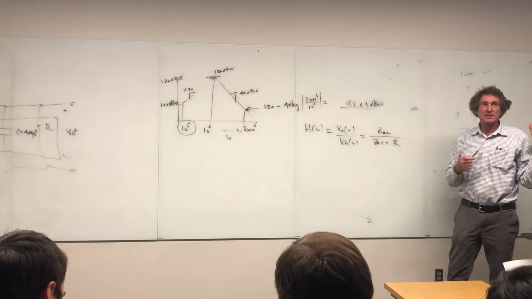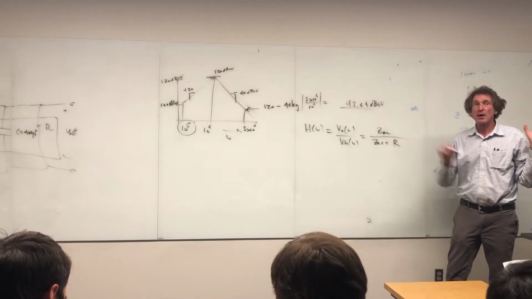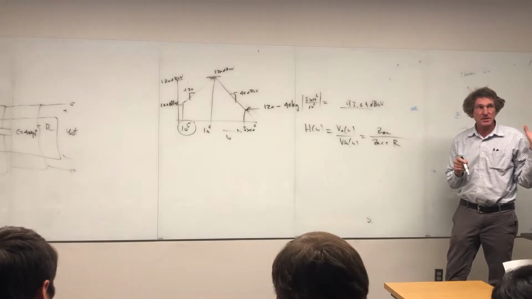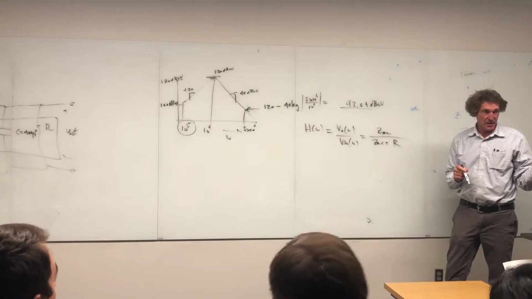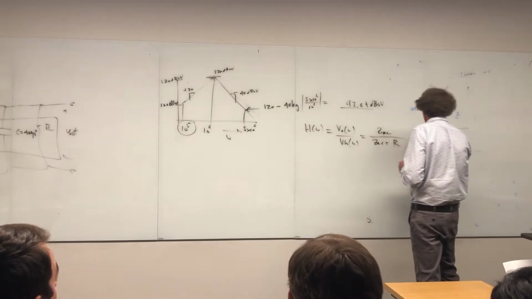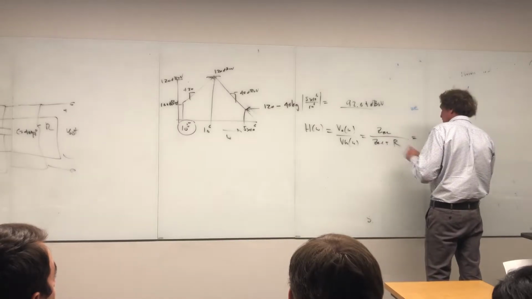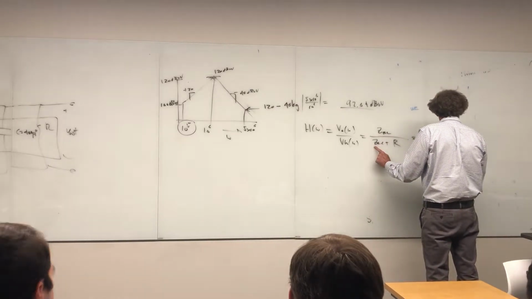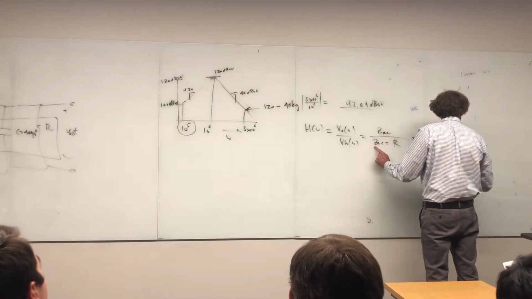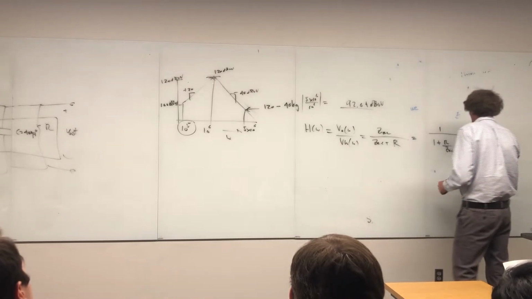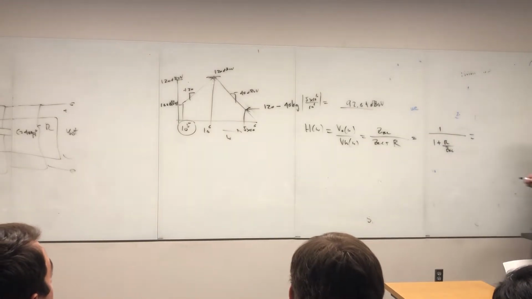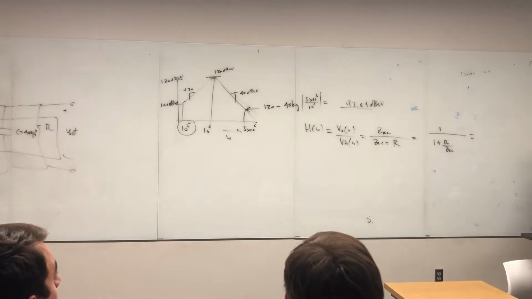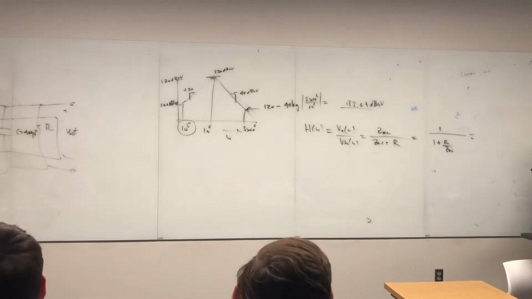Now the reason I did that is because I'm going to divide top and bottom by ZRC. It's important you see this. Follow me? So when I do that, this becomes simply 1 over 1 plus R over ZRC. Everybody follow me. This is not hard. It's, as a matter of fact, trivial in terms of engineering.